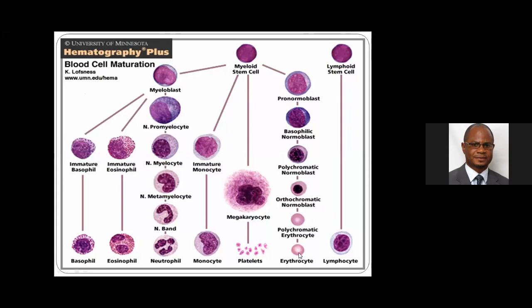The mature one doesn't have a nucleus. However, if there's a question like, which of these cells doesn't have a nucleus, and you see basophil, eosinophil, monocyte, red cell, then the answer now is red cell, all right? So you have to know which cells they are being related to before you settle on the answer. Sometimes you have to do elimination tactics as well. Remove some, and the one that stands, the odd one out, will be it.